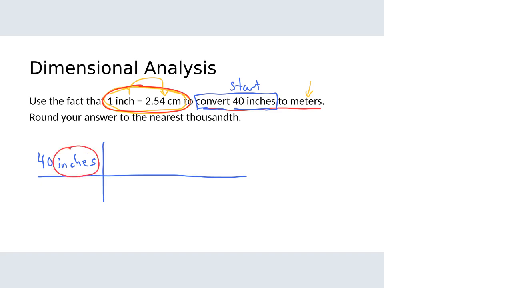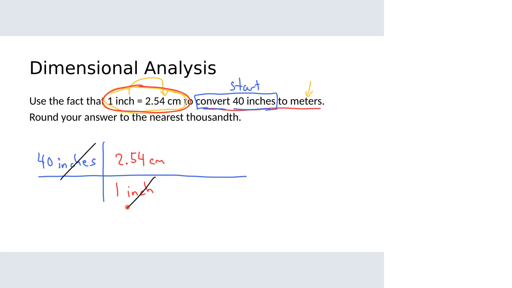If I want this to cancel, when I write my next unit fraction, I want to put that 1 inch on the bottom and the 2.54 centimeters on the top. And it's not random and it's not guessing. It's 100% on purpose, because what happens now is these inches and these inches cancel, because one's on the top and one's on the bottom, so they cancel each other out. And now all I have are centimeters.